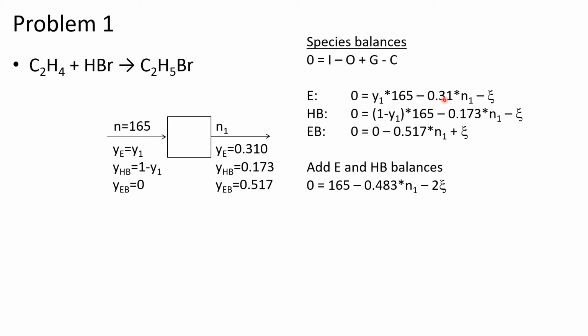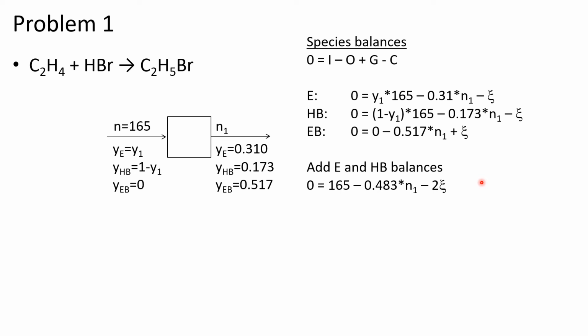We have 0.31 plus 0.173. That gives us the 0.483 times N1. And there's a minus sign here because there's a minus in front of both those numbers. Finally, if I add this to this, the y1 times 165 cancels with this y1 times 165 and leaves us just with 165. That's where this number comes from.